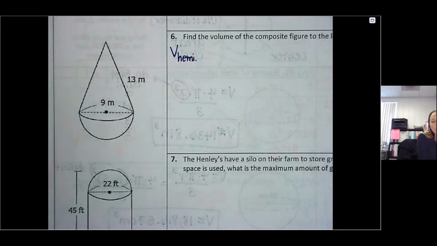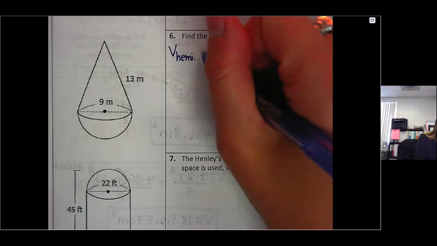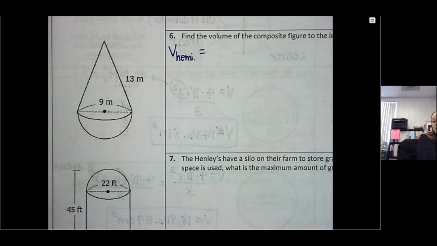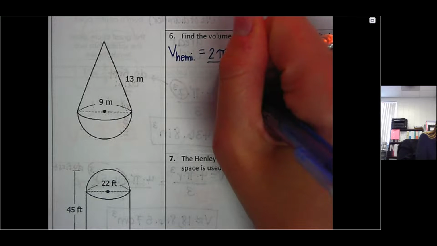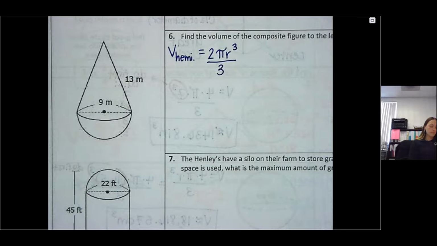You could write HM, just put an H, I don't care, but do something so you know what you're doing. Now, volume of a hemisphere is 2 pi r cubed divided by 3.